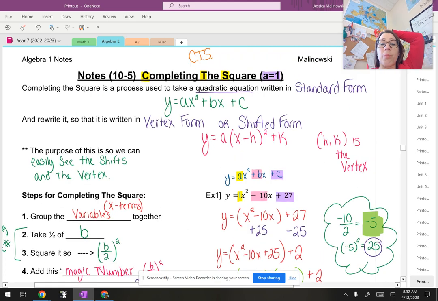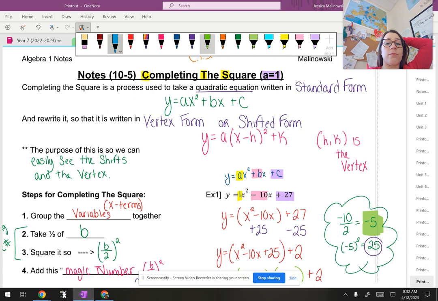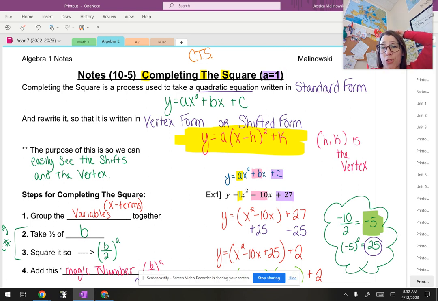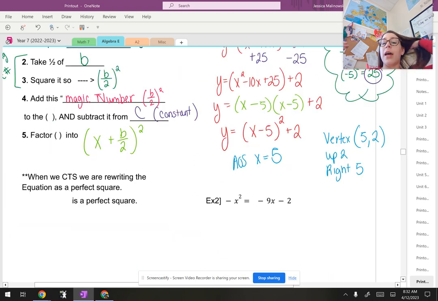Again, if you go back to the shifted form equation right here, in this equation that is negative h or minus h. So if I plug in a negative h to a negative h, that makes it positive and changes that sign. So that's why we're only taking the opposite of the x piece inside the parentheses. Whew.